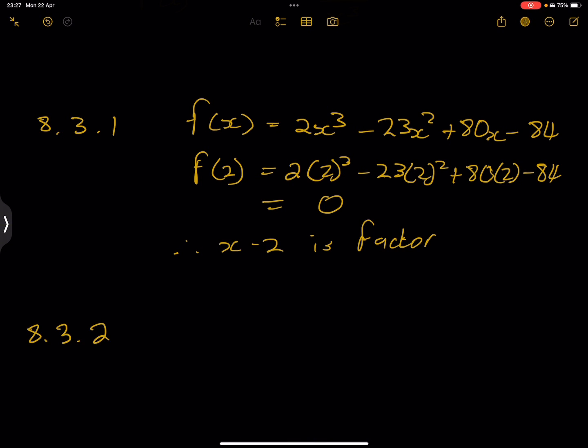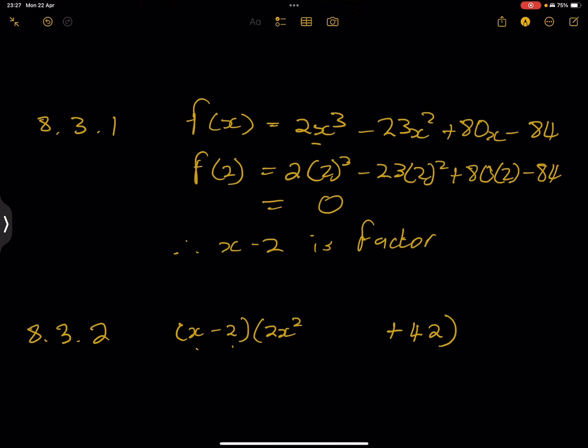So that means that we've got x minus 2 into, now notice ladies and gents, x multiplied by what will give us 2x cubed? That will be 2x squared. Let's go to the last term. Negative 2 times what will give me negative 84? That will be positive 42.